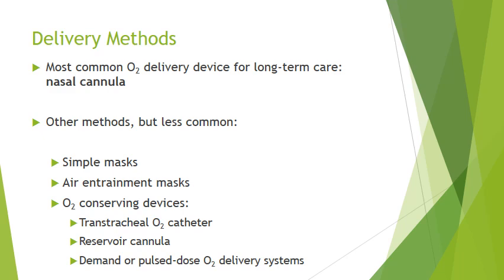Then also there are transtracheal O2 catheters, reservoir type cannulas, and also the demand or pulse dose O2 delivery systems. This week I also have a video on the transtracheal O2 catheter as well as the pulse dose type system, so you get a chance to see what the difference is between continuous flow O2 therapy as well as pulse dose O2 therapy.